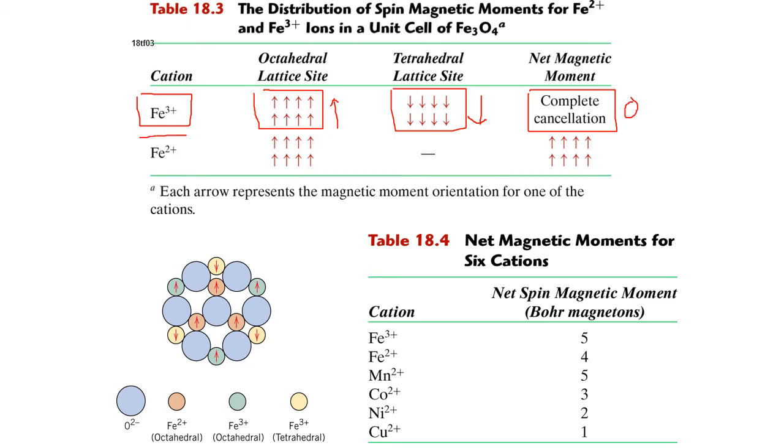But for Fe2+, the dipole moment is developed at the octahedral lattice sites, while at the tetrahedral lattice sites there is no dipole moment, so 8 dipole moments upward remain to sustain the magnetic moment of Fe3O4. This one is for ferrimagnetic material.